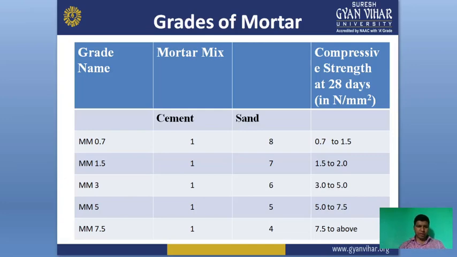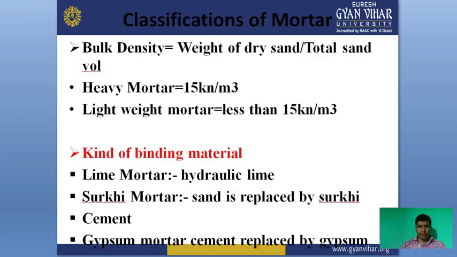So these are the other grades like MM5, MM7.5. MM7.5 gives us compressive strength after 28 days of 7.5 or above, Newton per mm square. Now I will tell you in depth the classifications of mortar.